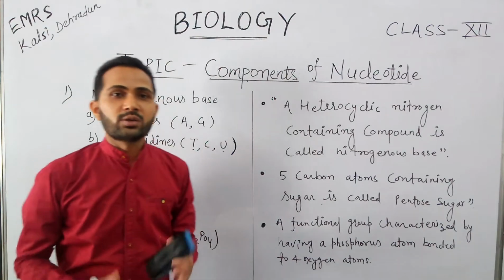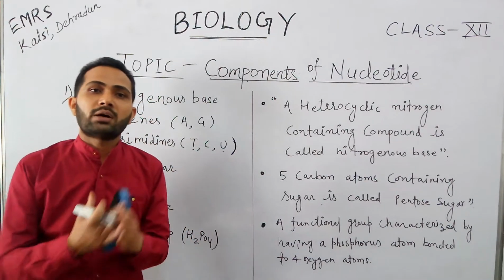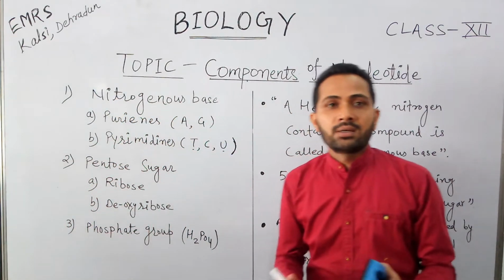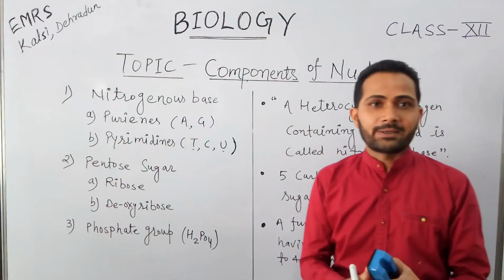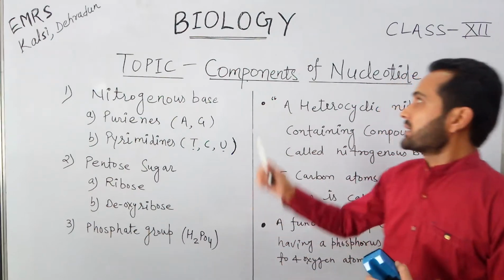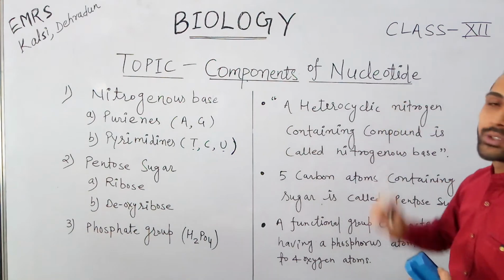Today we are going to study one more topic of our ongoing chapter of genetics, which is the molecular basis of inheritance. Under this chapter, today's topic is components of nucleotide.